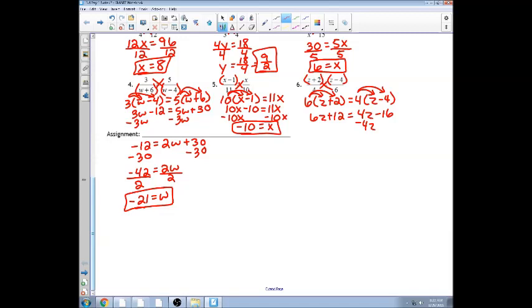Subtract my 4z. So 2z plus 12 is equal to negative 16. Subtract my 12. 2z would be equal to negative 28. Divide by 2, divide by 2. Z is equal to negative 14.